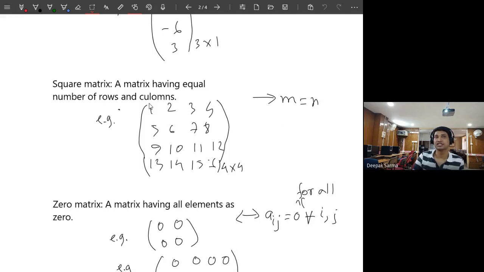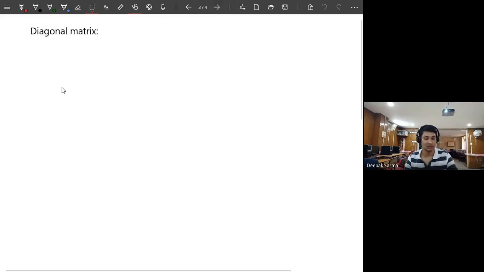So all the elements for which the position, that is i and j both, are the same, we call them diagonal entries. The other one is also a diagonal of the square, but for that entry the position is 1, 4, not 1, 1 or 4, 4. For these diagonal entries, the position i, j both are the same: 1 1, 2 2, 3 3, 4 4. Got it? So whenever we have a square matrix, we have diagonal entries.